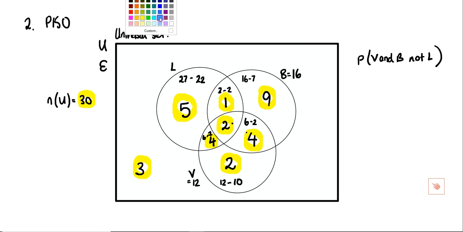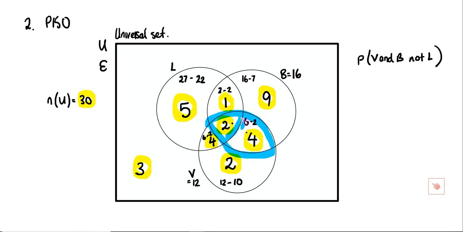Plays volleyball and basketball means this region here, but not lacrosse means we have to get rid of the 2. So the answer is 4. Oh, probability: 4 over 30. Sorry, why did I say 36? 4 from 30. Okay.